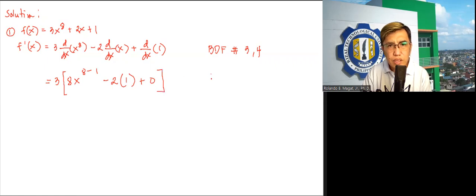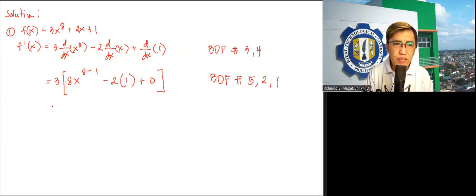This is basic differentiation formula number 5, 2, and 1 in that order. To simplify, this is 3 times 8x to the 7th power minus 2.